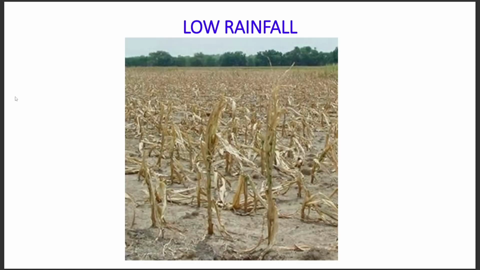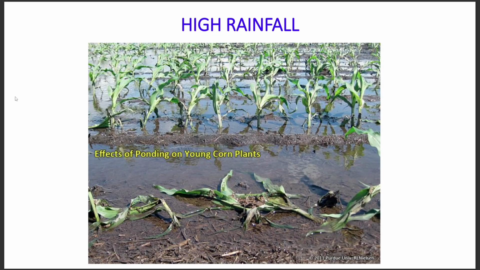In low rainfall areas, crop failure may occur. And in high rainfall areas, there could be an effect of ponding. If maize plants or corn plants have 6 hours of ponding effect, then their yield may decrease by up to 50%.